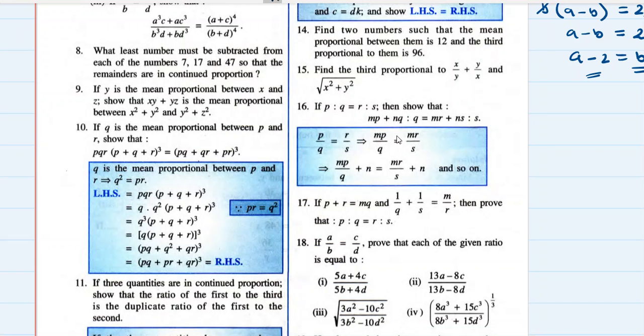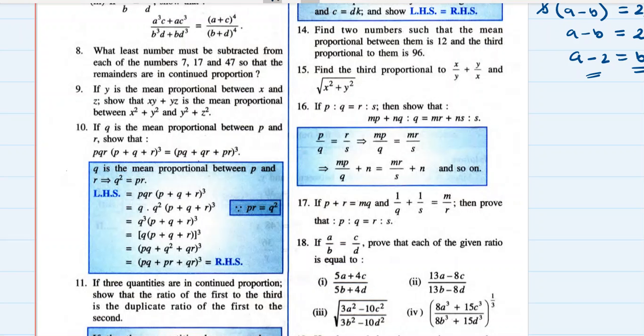So you have been given that P is to Q is in proportion with R is to S. You have to show that MP plus NQ is to Q is equal to MR plus NS is to S. So there are M and N, two extra quantities in the statement which has to be proved.